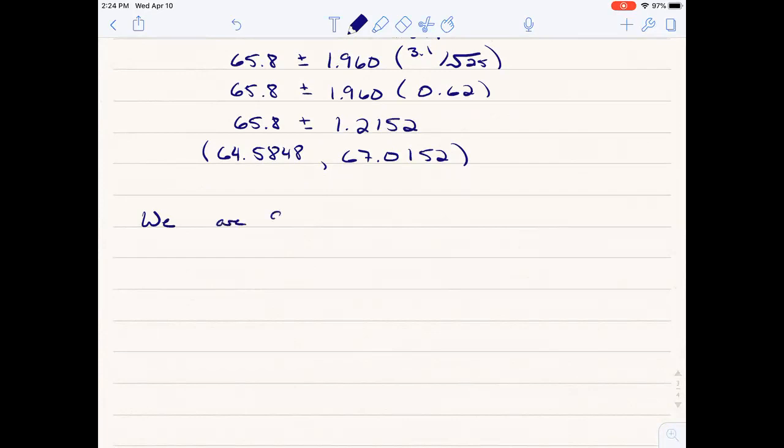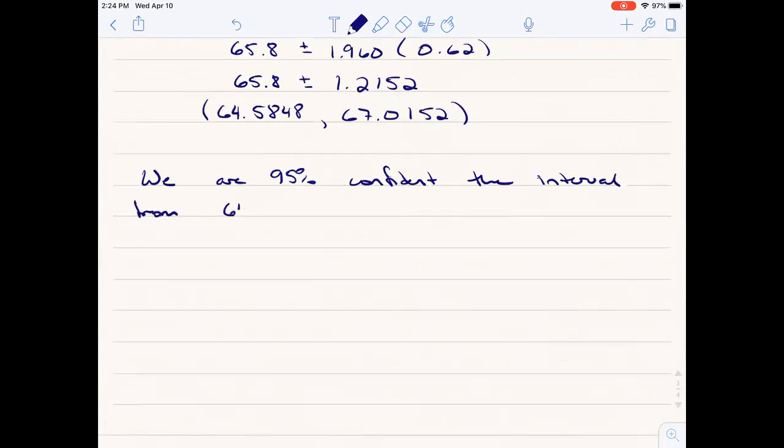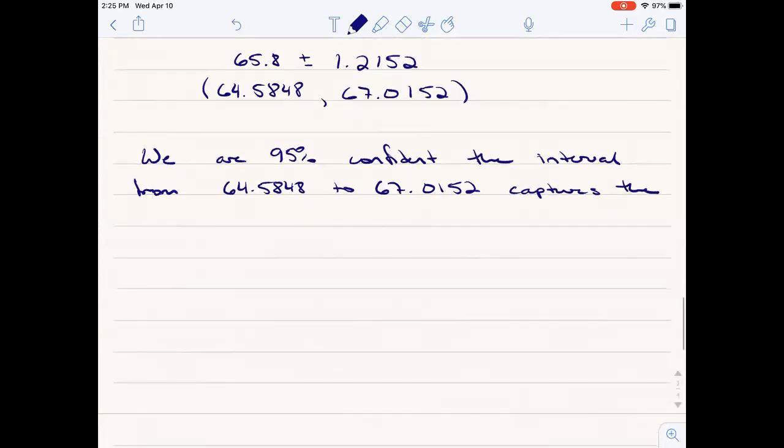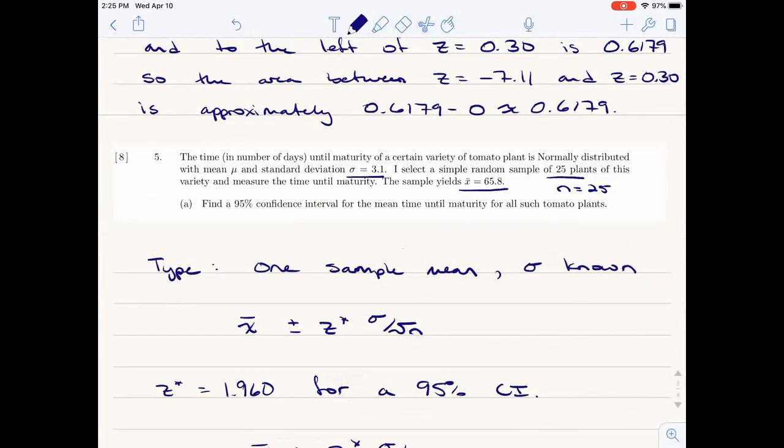So we are 95% confident the interval from 64.5848 to 67.0152 captures the mean time until maturity for all such tomato plants.